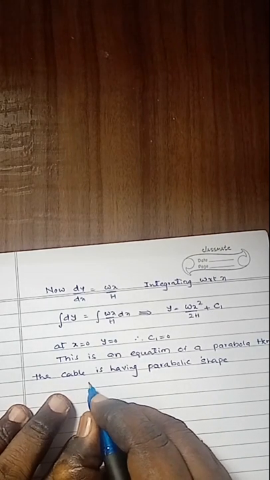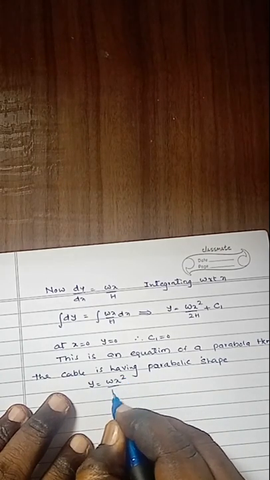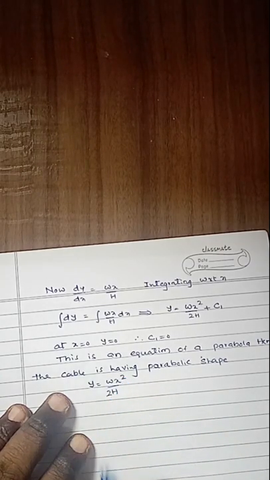By observing this, Wx square by 2H is nothing but an equation of a parabola. y equals Wx square divided by 2H, where H is the horizontal reaction.